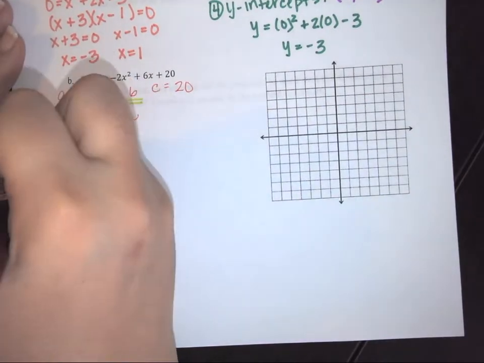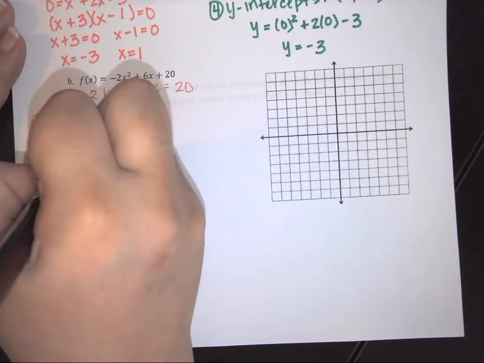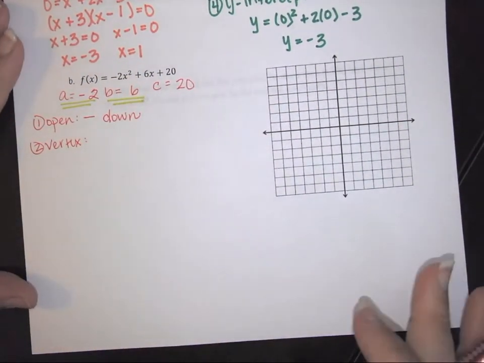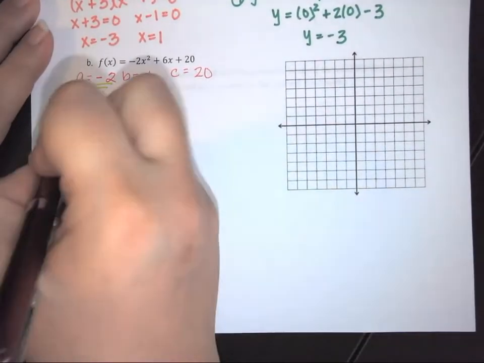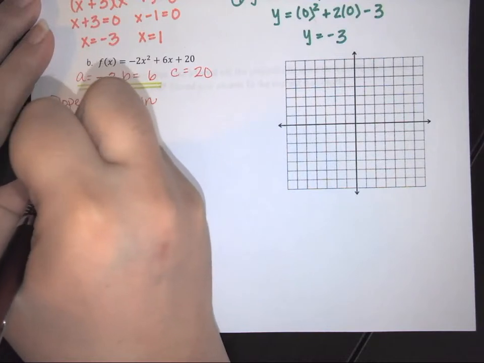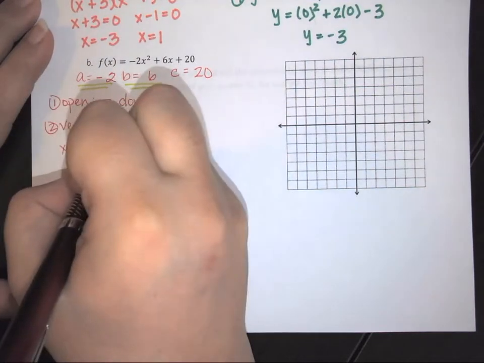The next thing that I need to look at is your vertex. And I'm here in standard form, which means again I have to use that vertex formula. So the formula says that x is equal to negative b over 2a.